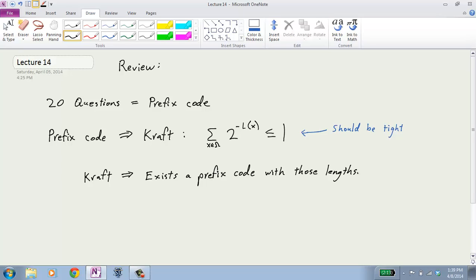Now, we didn't prove this, but I claimed that uniquely decodable codes were no better than prefix codes. So let's put another line in here. Uniquely decodable, and what that means is that no punctuation is needed to read out the information.